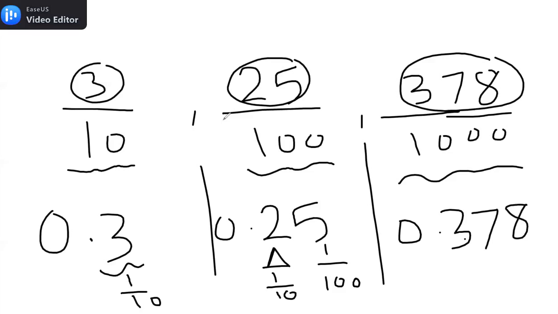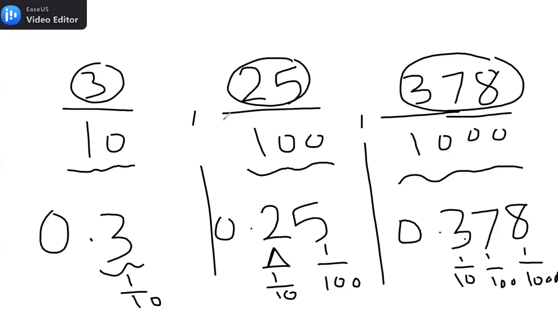This number has 3 decimal places, which are tenths, hundredths, and thousandths. Okay, Yusuf?